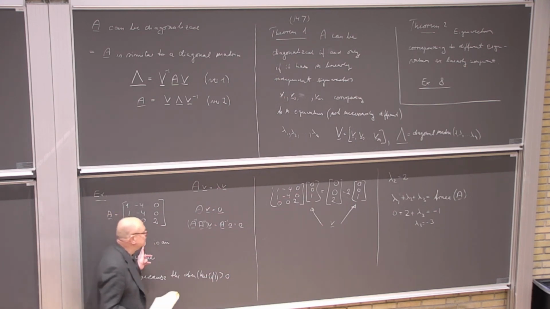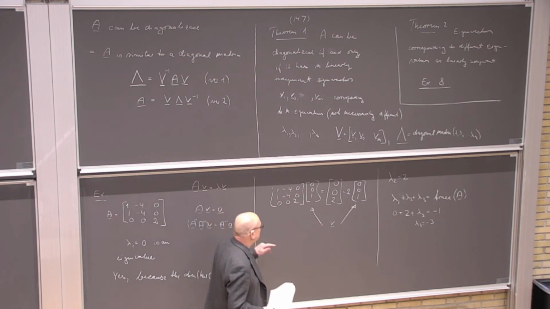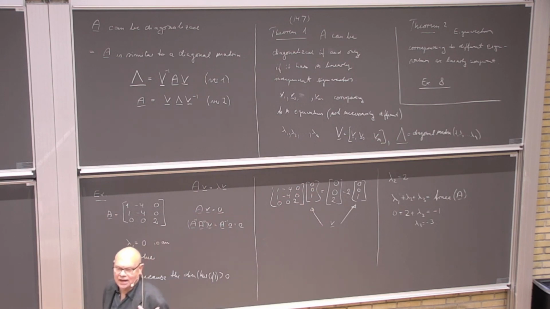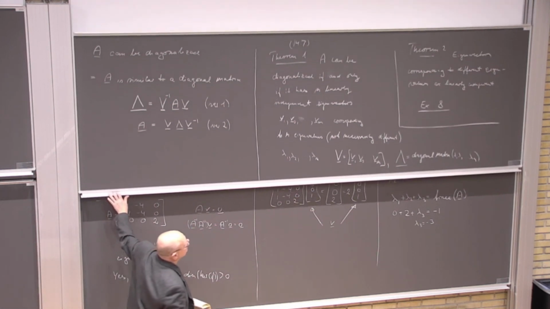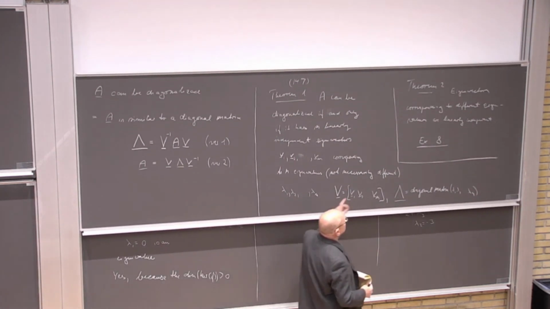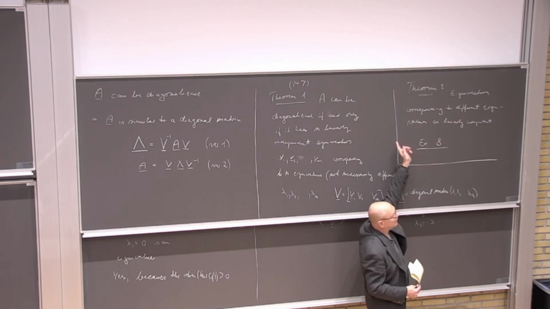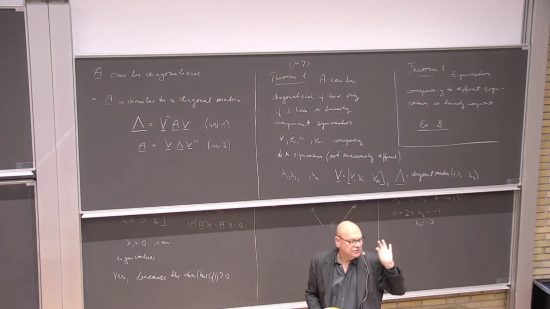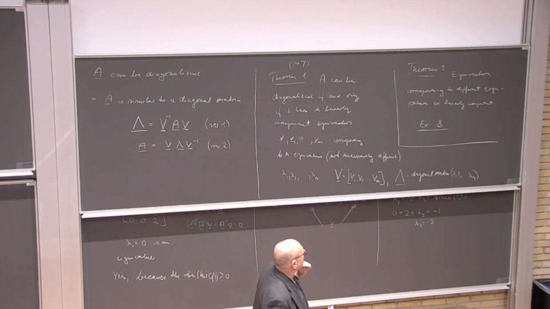I have 0, I have 2, and I have minus 3. And that is, I have three different eigenspaces, and when I put up this theorem here, the eigenvectors of different eigenvalues are linearly independent.